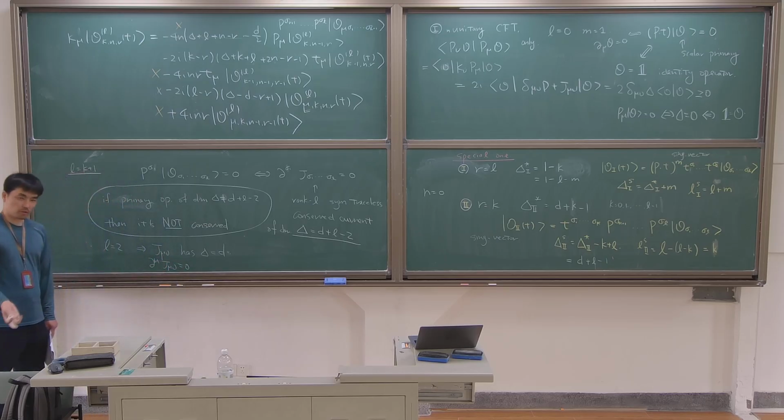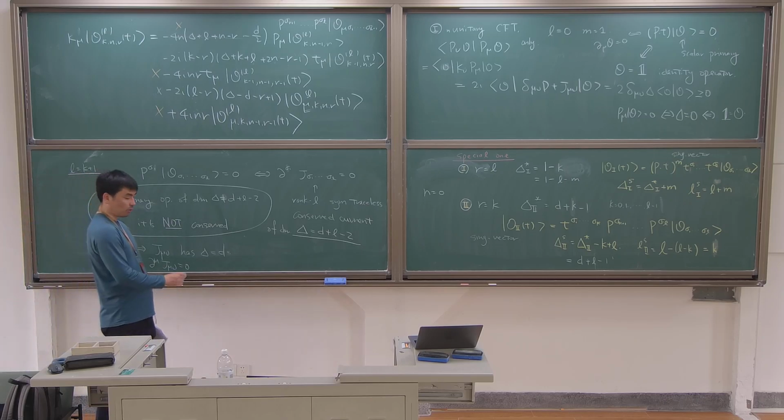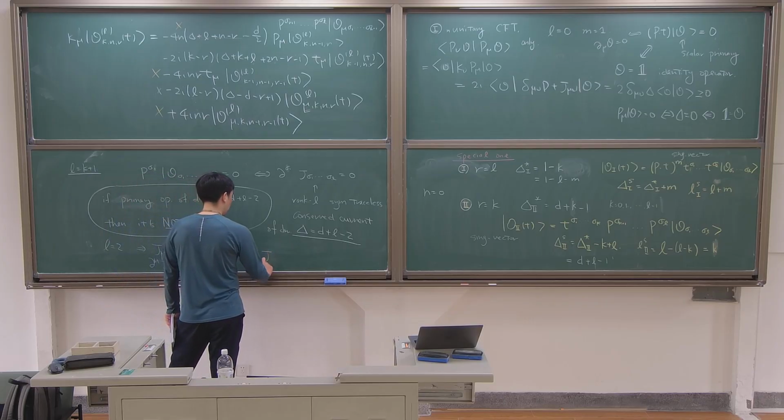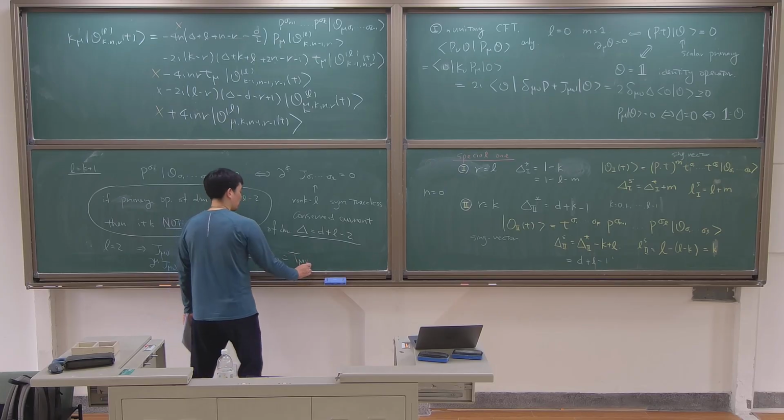It's a spin 2 symmetric traceless tensor, and the conformal dimension D means that J mu nu is in fact the stress energy tensor.